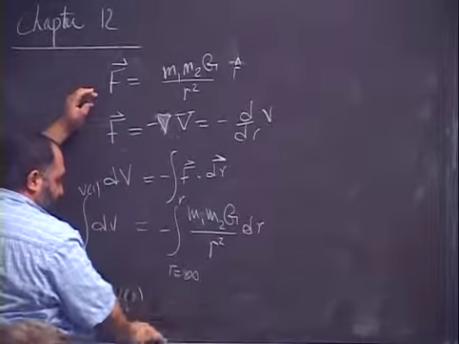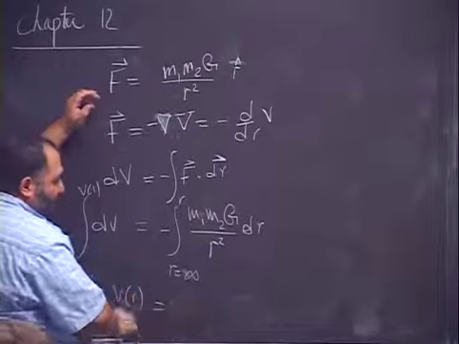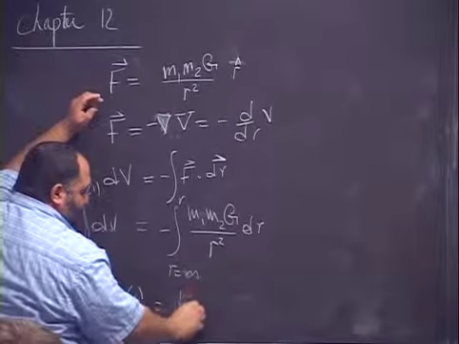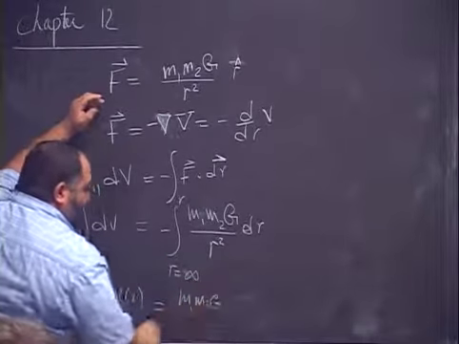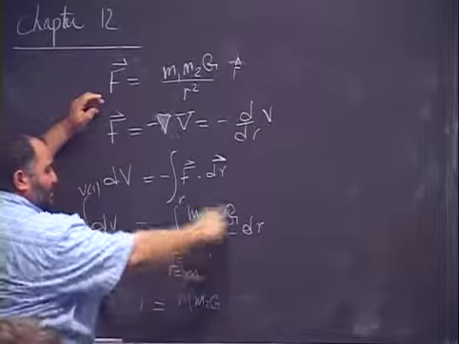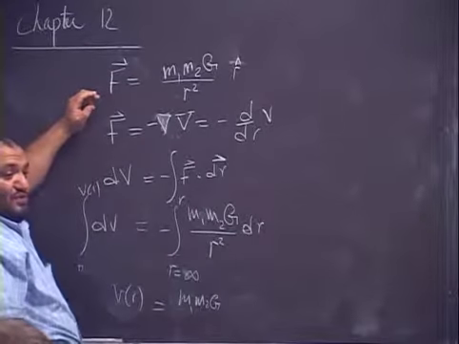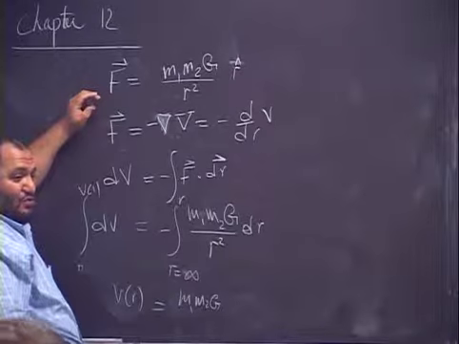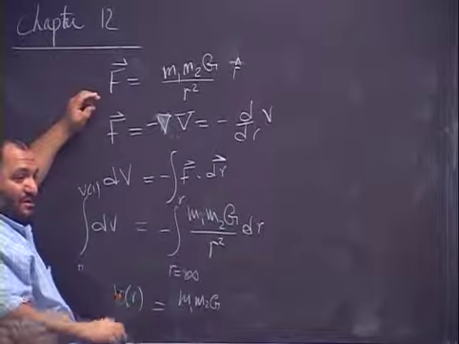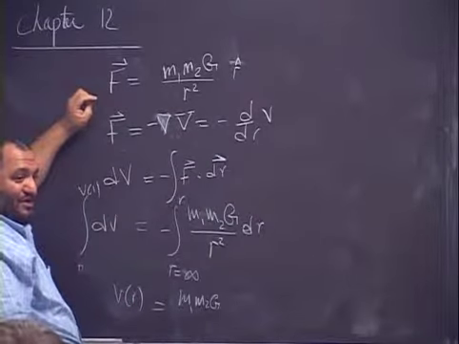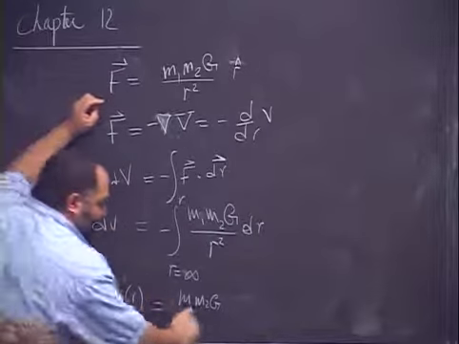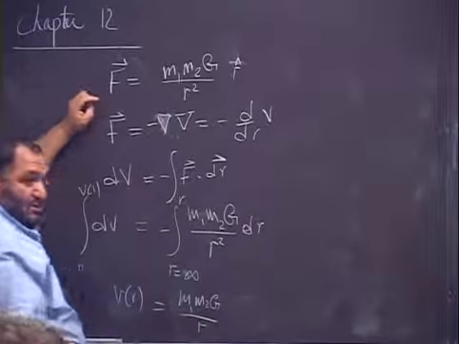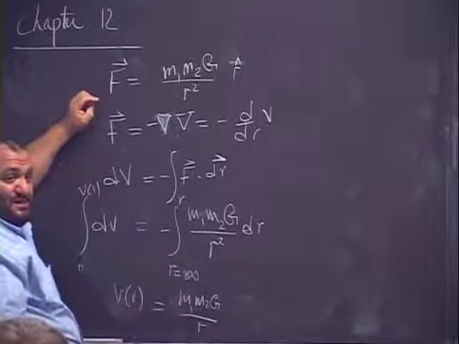So what's the integration of this? V of r, what will V of r be? This is equal to what? M1 is constant, M2 is constant, G is constant. And what's the integration? This will come upstairs, it will be r to the power of what? Minus 2. So you will add 1. It will be r to the power of minus 1. So this will be over what? Over r. And you have a minus sign.